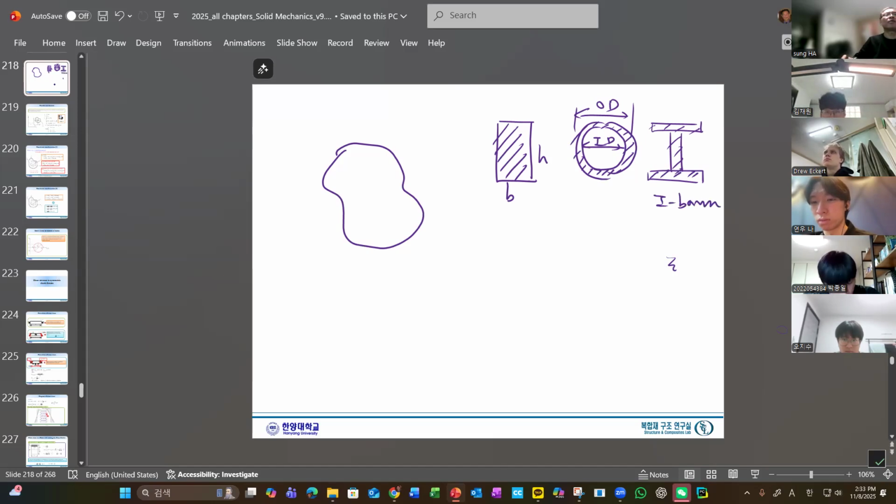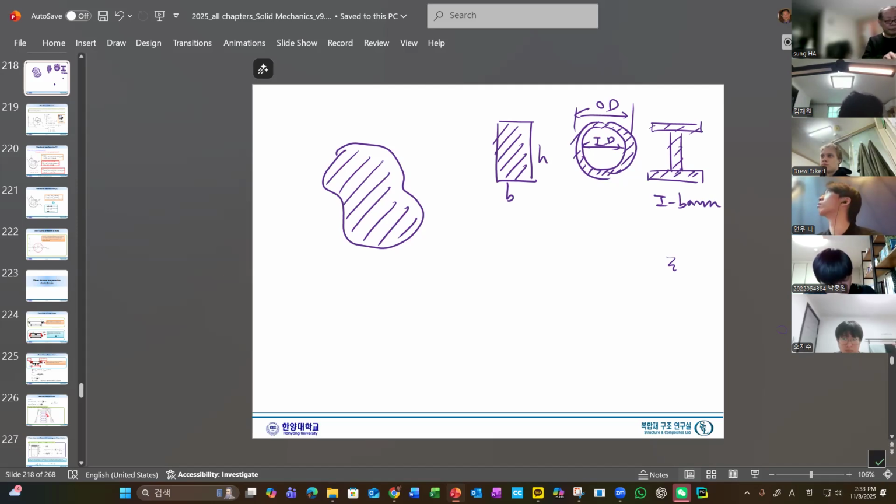So covering all these, let's say we have a certain cross section like that. We would like to define the property of it.